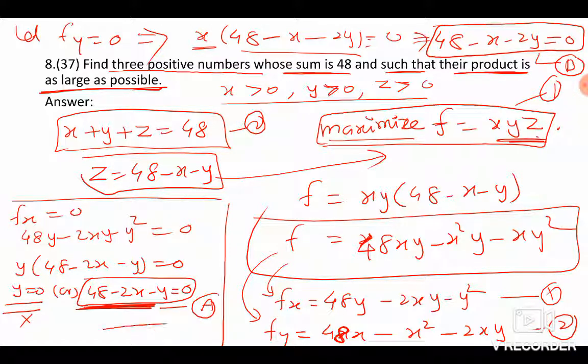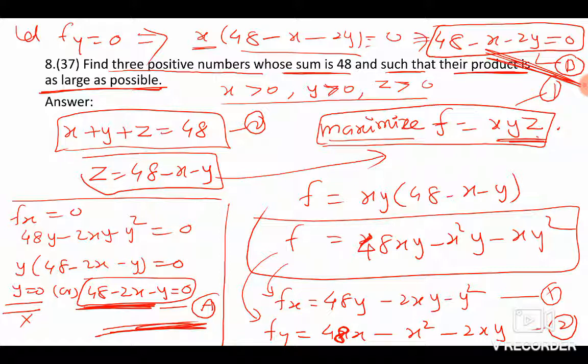The equation number A is given here, the equation number B is given here, and this is your task, to solve these two equations by algebraic method and find the values of x and y. Will you try? So I leave this work to you. I write the answer here as x and y values.